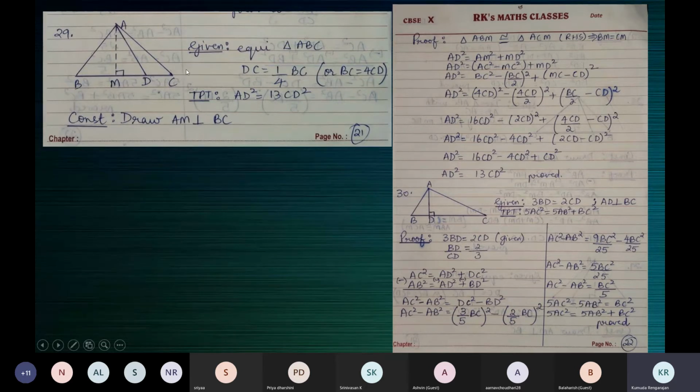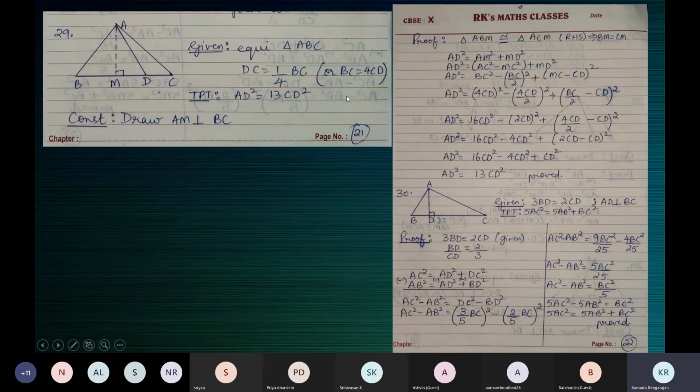If the whole thing is 10, M will be at 5, but D will be at 2.5. CD is 2.5, but CM is 5. All right, so this is what we have to prove.